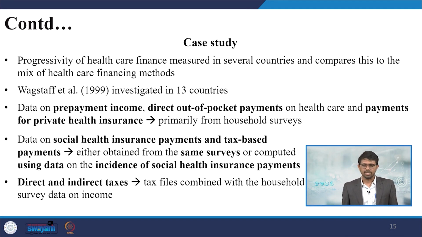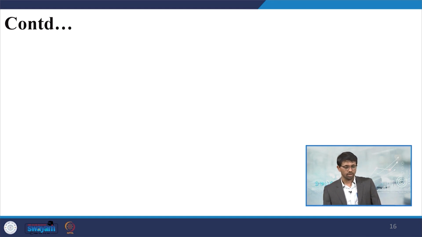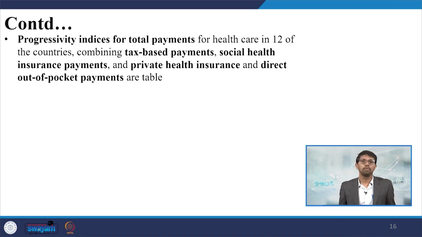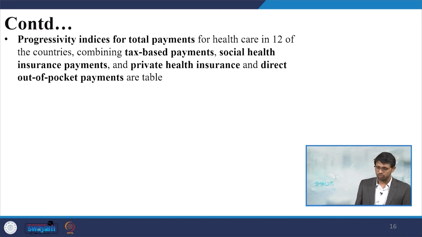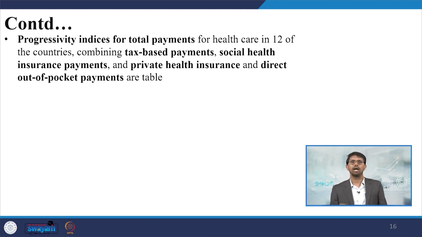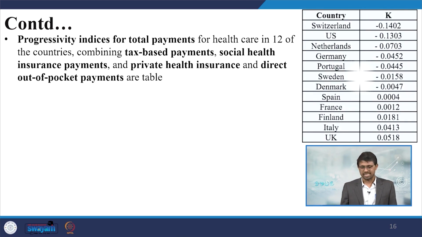Direct and indirect taxes, such as tax files combined with the household survey data on income, are all taken for the calculation. So, progressivity indices for total payments for healthcare in 12 of the countries, combining tax payments, social health insurance payments, private health insurance and direct out-of-pocket payments, are given in this table.